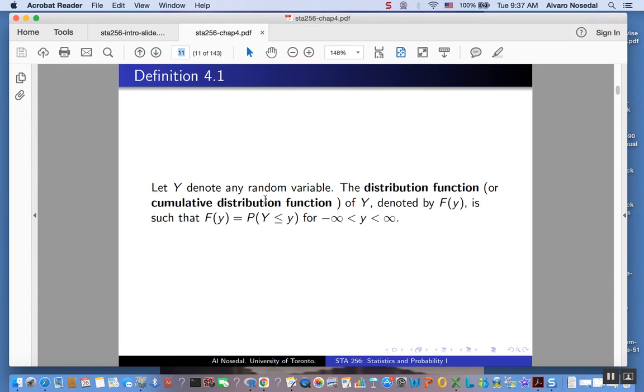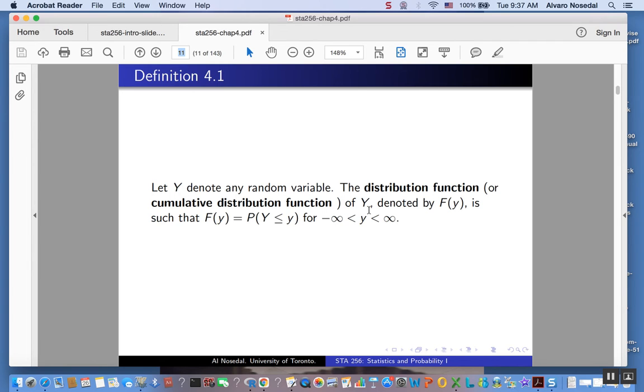Okay, I'm back. As you can see, we have a definition from our textbook. This is in our lecture notes corresponding to chapter 4, and we have the definition of the distribution function, or CDF, cumulative distribution function. Note that by distribution function we mean the CDF. We're not saying the distribution of y.